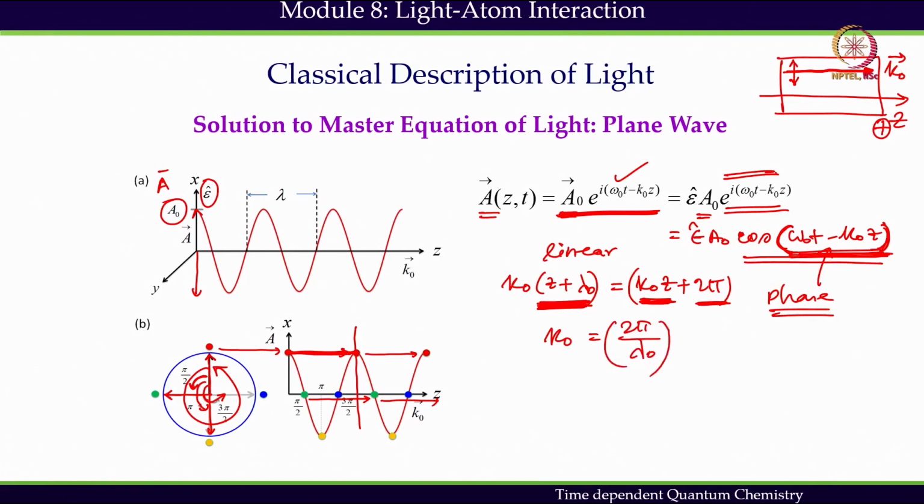So in brief, the solution to the combined potential form of the Maxwell's equations in vacuum, which is representing the light, is featuring a plane propagating wave. So light, what is light? Light is a plane propagating wave, and in terms of the vector potential, you can represent it in terms of field as well, and similar conclusions you can make.